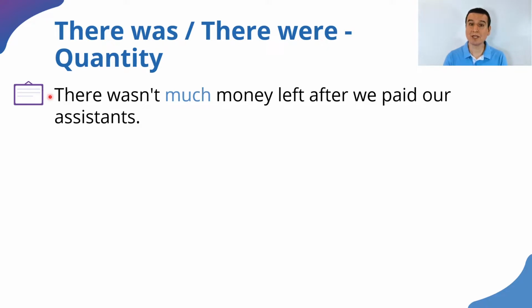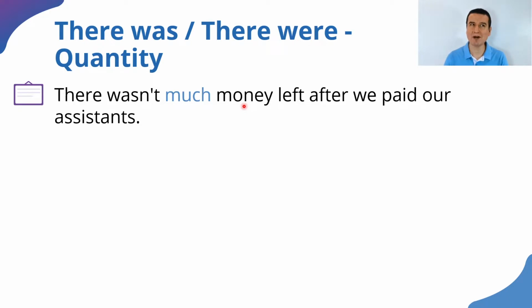There wasn't much money left after we paid our assistants. If you're hiring somebody to help you, you can say there wasn't much money. Because money is not something that we can count, we use that as a singular form. We can count the bills and we can count the coins, but not money in itself.